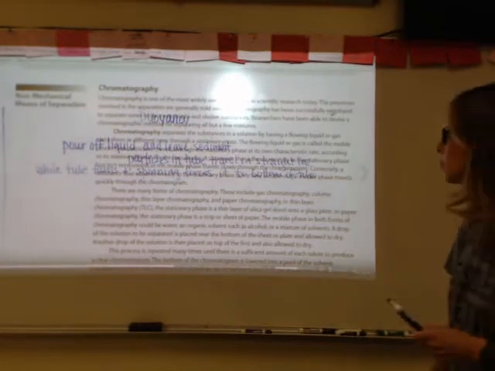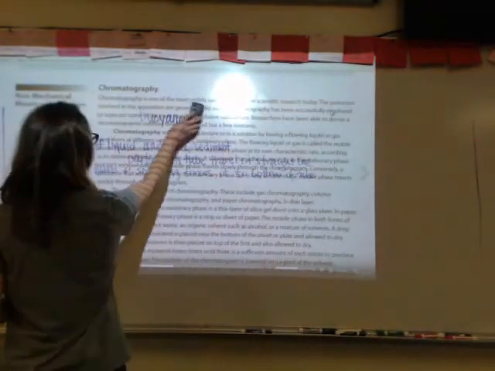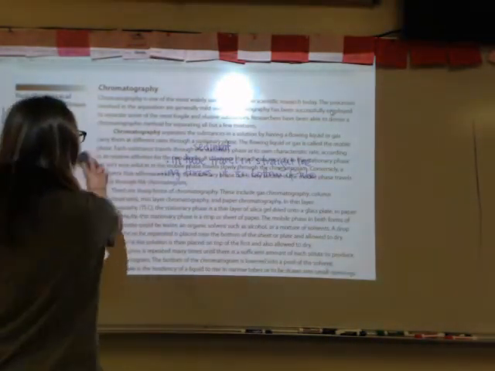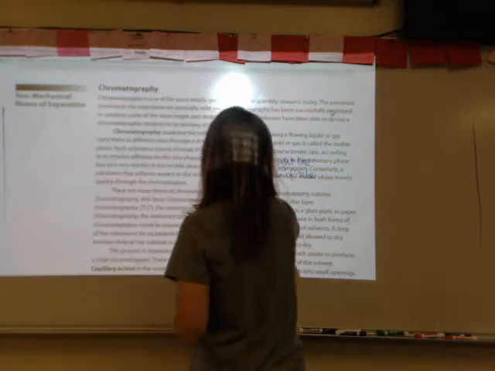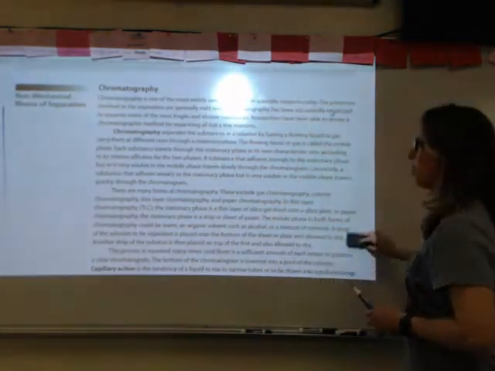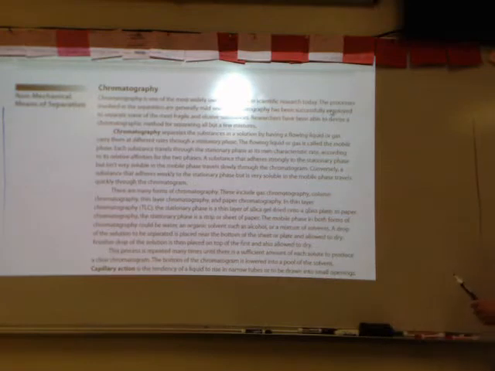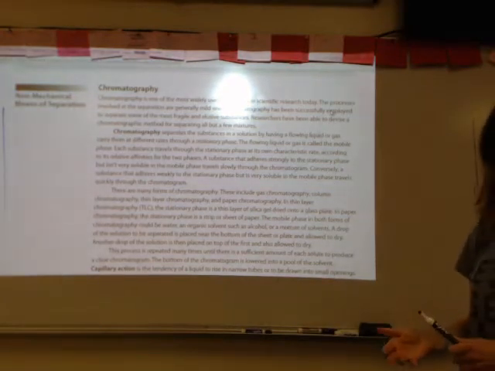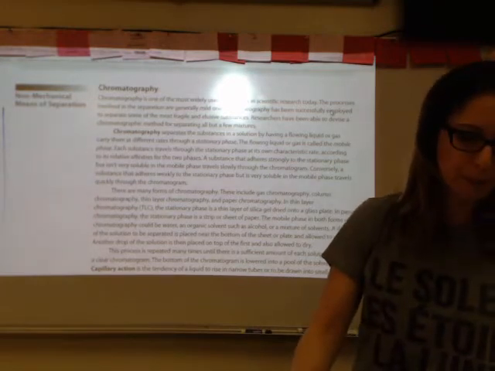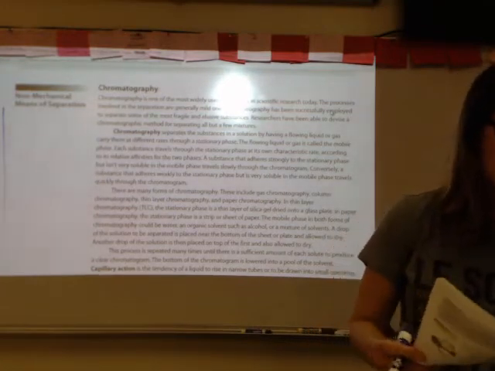Let's talk about chromatography. Chromatography separates things in a solution by having them carried up a stationary phase. Typically, for us, it's going to be a piece of chromatography paper.